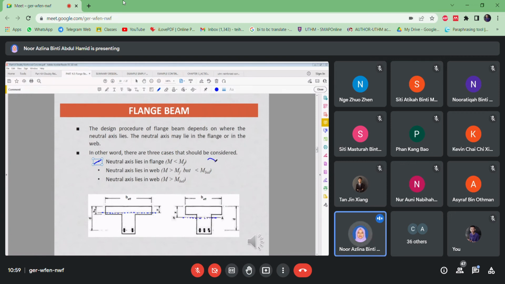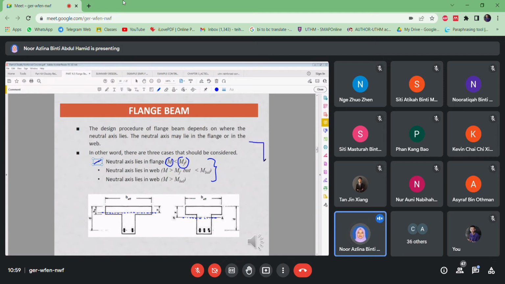So there are three cases here. The first case for the neutral axis lies in flange. Once the design moment is less than MF. MF is the moment for that section, according to the grade of concrete, according to the size of that flange, which is MF.